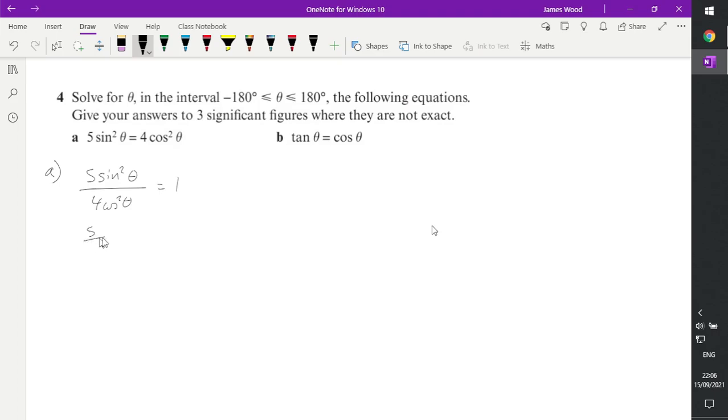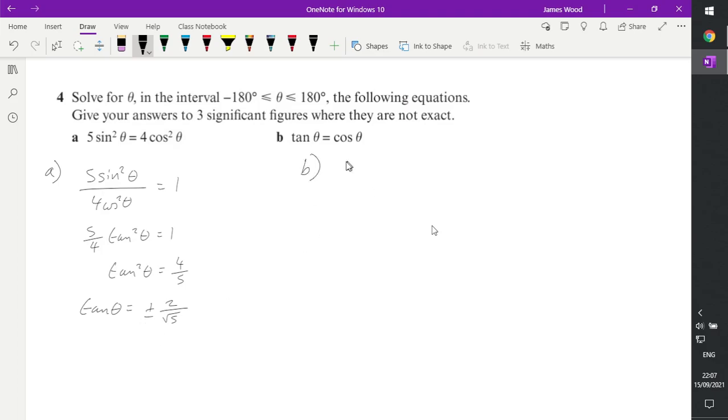So I'm going to get 5/4 of tan squared theta equals 1. So then tan squared theta is 4/5. And then tan theta is going to be plus or minus 2 over root 5. And you can just treat that as 2 different results and solve them to find theta for both of them.